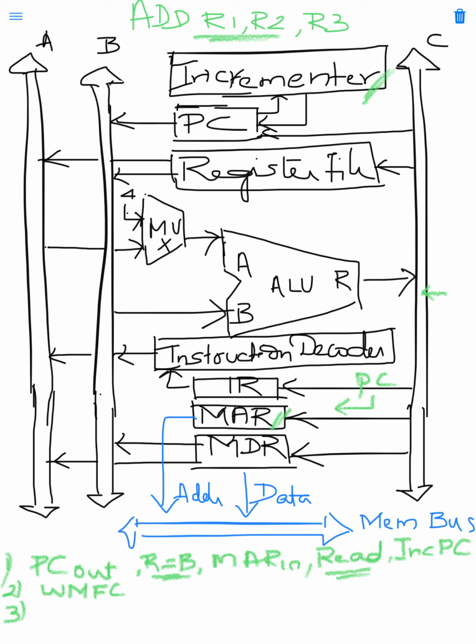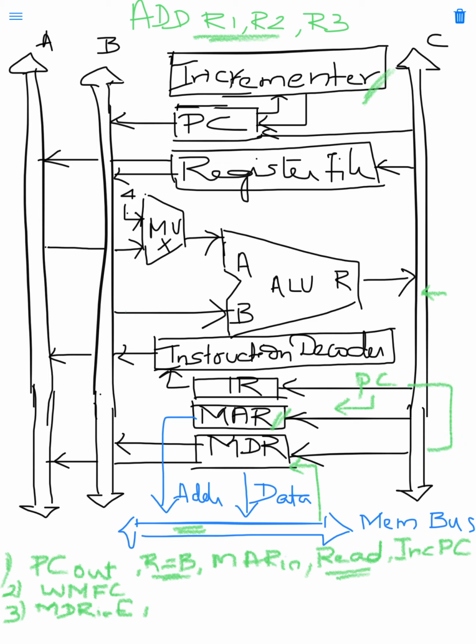Once memory signals that the memory function is completed, the data is available in the memory bus, which needs to be taken inside the MDR. For that, MDR in E can be enabled.